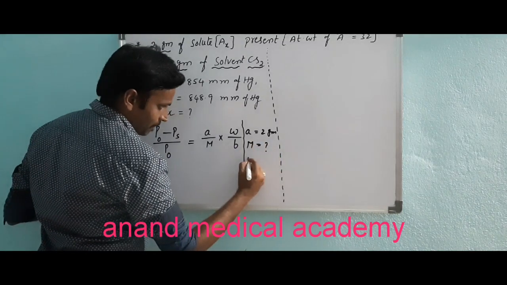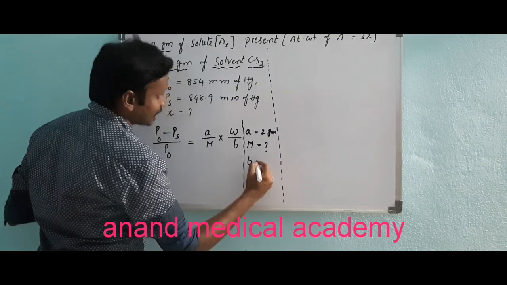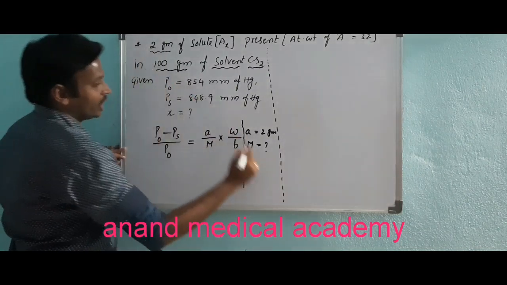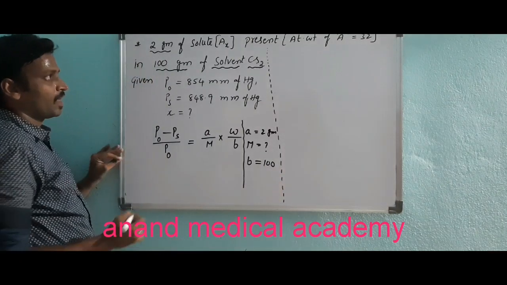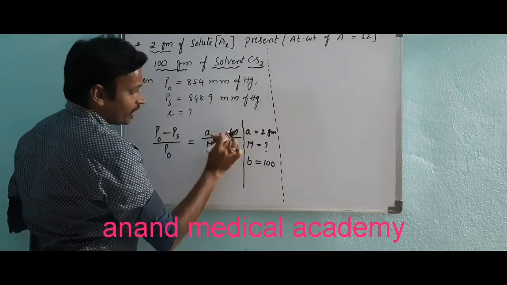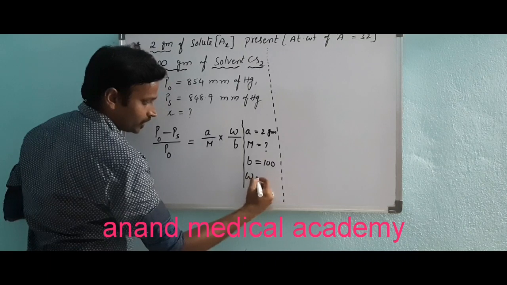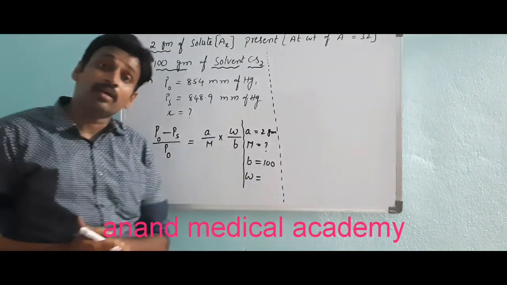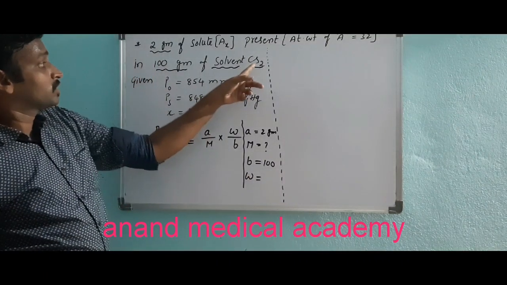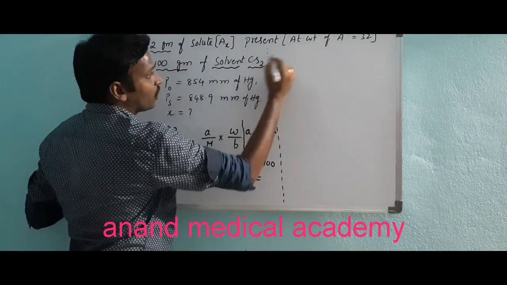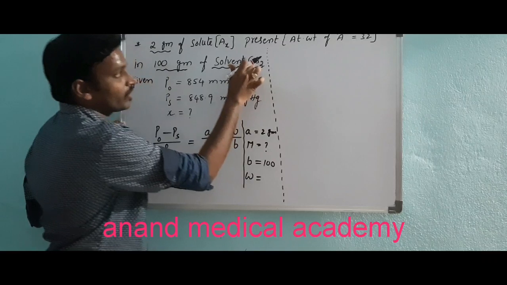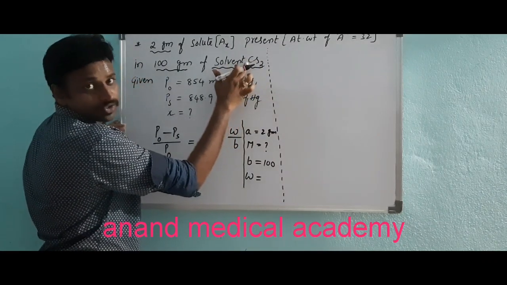Why? Because A is the weight of solute, and the molecular weight M I don't know, I am going to find M. This B is what exactly? Solvent weight. Solvent weight is how much? 100 grams. Carbon disulfide molecular weight is W. W is the gram molecular weight of the solvent. It's 64 plus 12. 64, why? 32 is the atomic weight of sulfur, and carbon is 12.